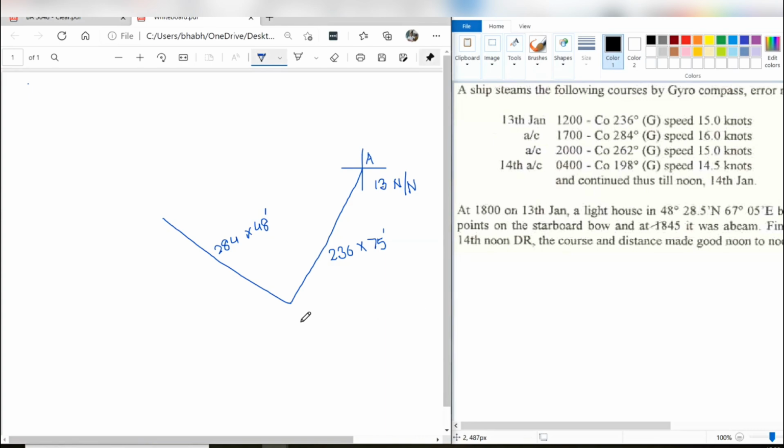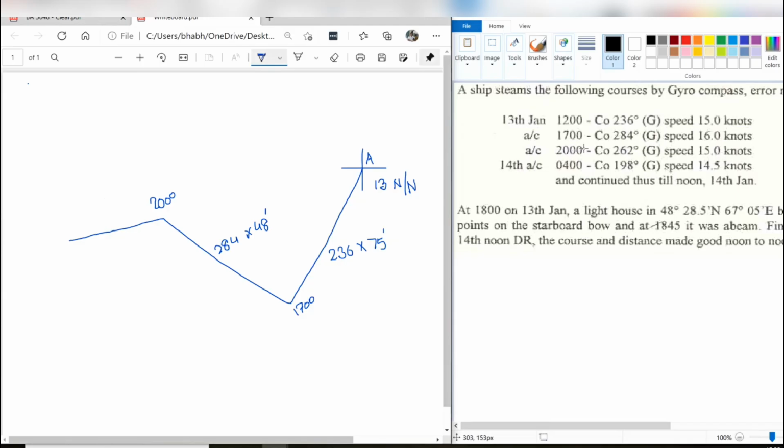Then this happened at 1700. Let's write down the time here. At 2000 hours, the ship reached here. The next course is 262. So let's draw 262. And speed is 15 knots.